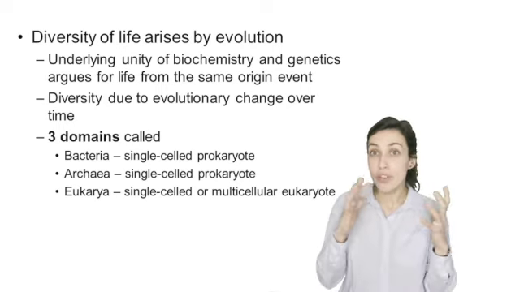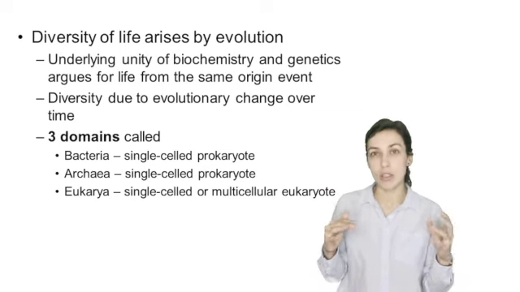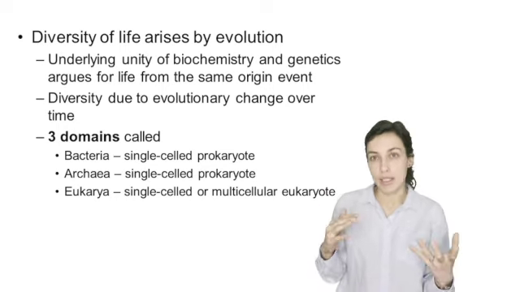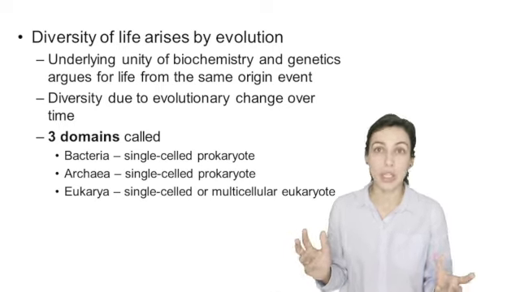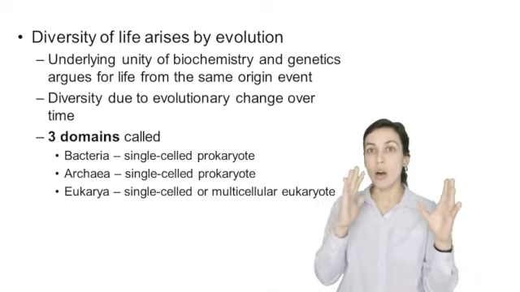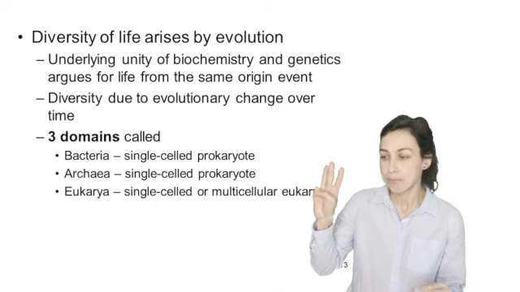And all of the different species alive today can be organized into different categories by scientists in order to study them better. The broadest category is called domains. So all life on Earth is organized into 3 domains.